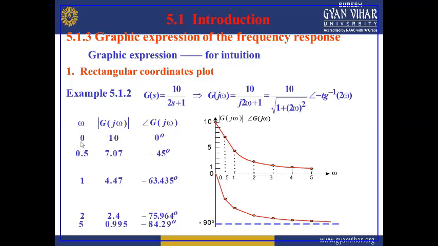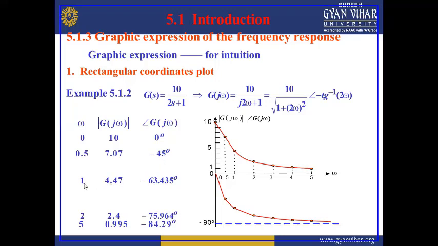For omega equal to 0, I get a magnitude of 10, and the angle is tan inverse of 2 omega, so tan inverse 0 is 0 degree. When omega is equal to 1 by 2, I get the magnitude as 7.07 and an angle of minus 45 degree.